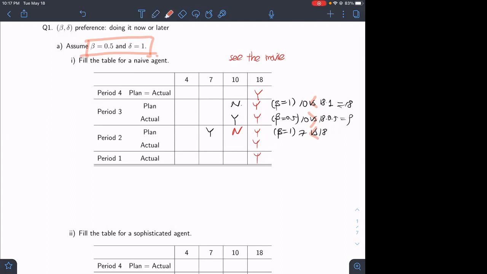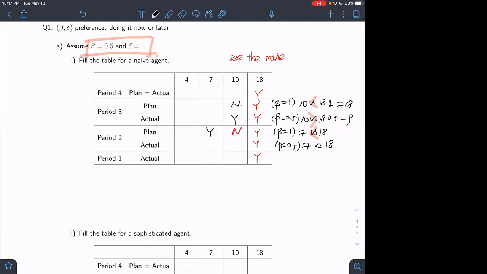And then if beta was 0.5, so if I'm looking at his actual choice, then we are comparing 7 versus, now we need to compare this with also the first time that he says yes in his plans, which is 18.